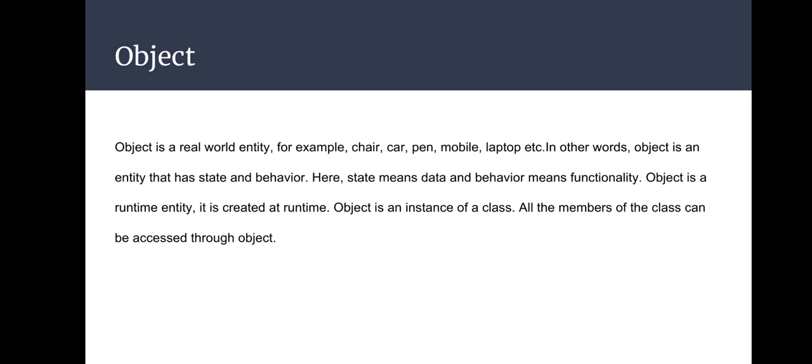Here state means data and behavior means functionality. In programming terms, state means data and behavior means function. An object is a runtime entity because it is created at runtime. An object is an instance of a class. All the members of the class can be accessed through the object.